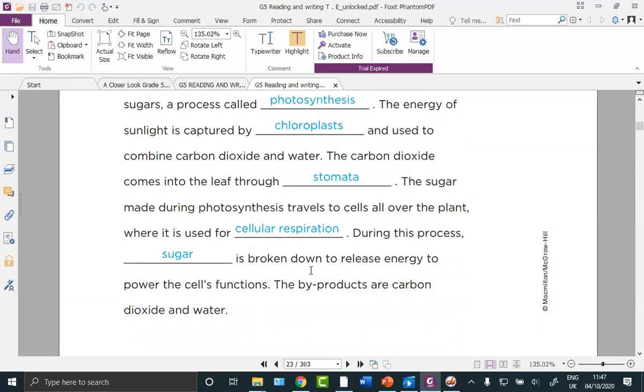Respiration. Then sugar, the last one. Mister, I finished and it's correct. I checked that it's all correct.